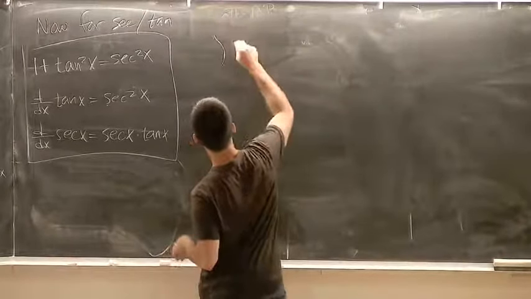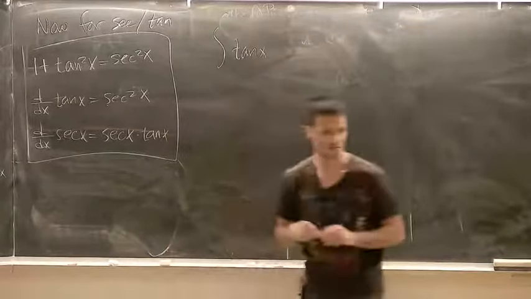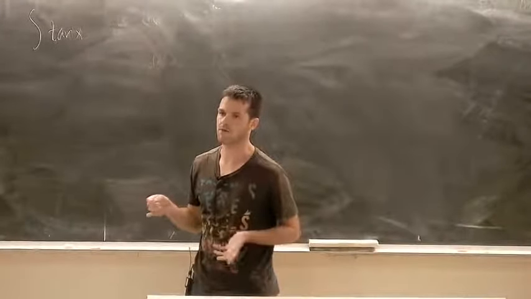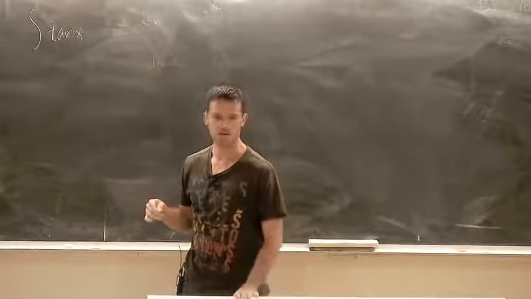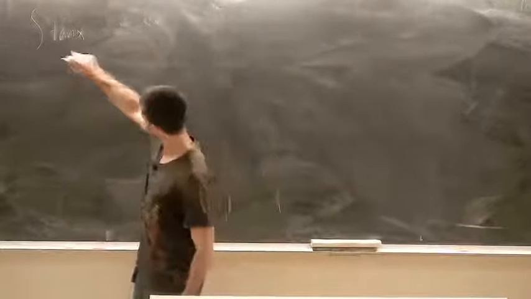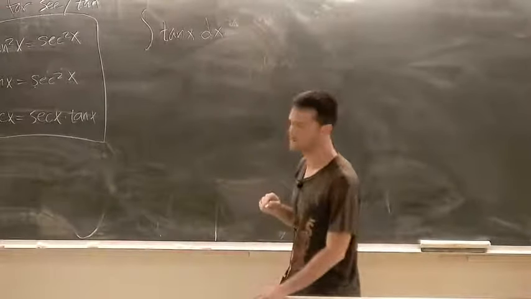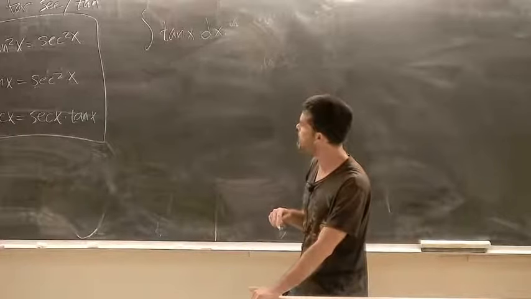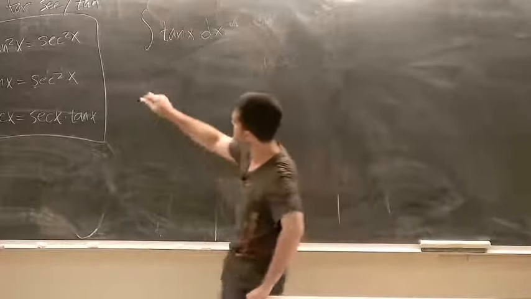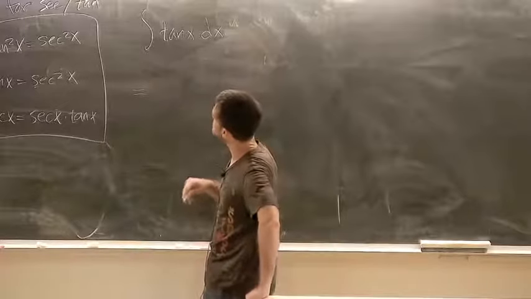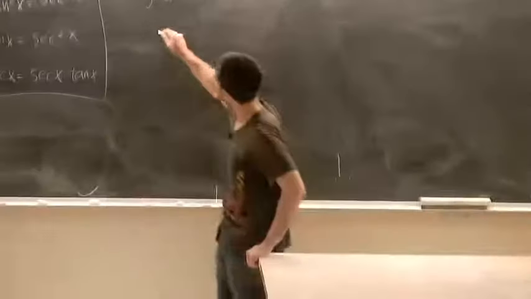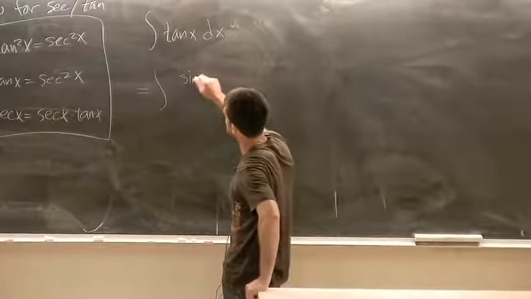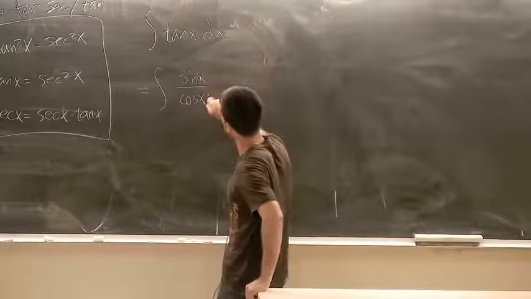So first one, and this is a potentially useful integral. Some of these problems you may never have to use in real life, but some of them you may. You may very well have to integrate tangent at some point. Now, how do we do this? Let's write tan as sine x over cos x.